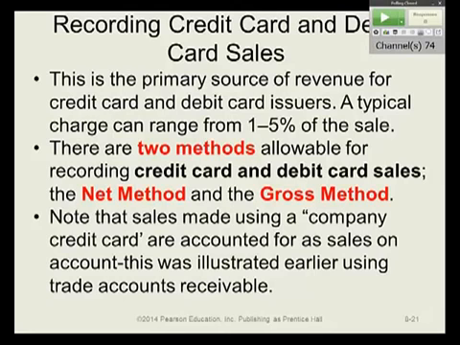If you recognize the fee immediately, it's called the net method. If you wait and record it only later on, it's called the gross method. The net method records the sale and the cash net of the fee, and the gross method records the full sale in cash, but records the expense later. So let me show you that.